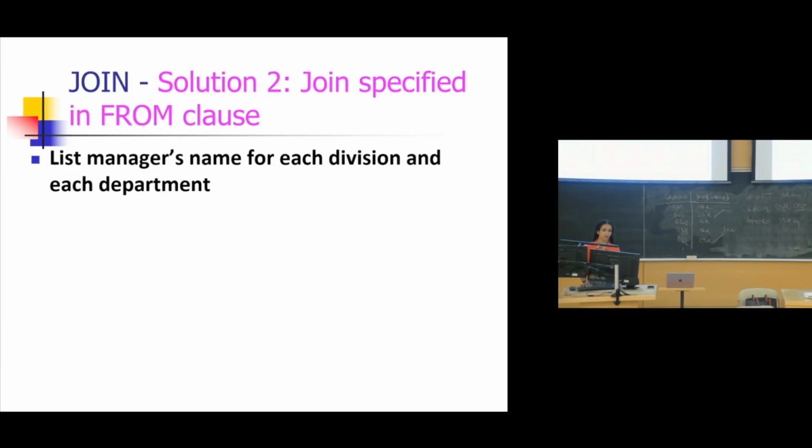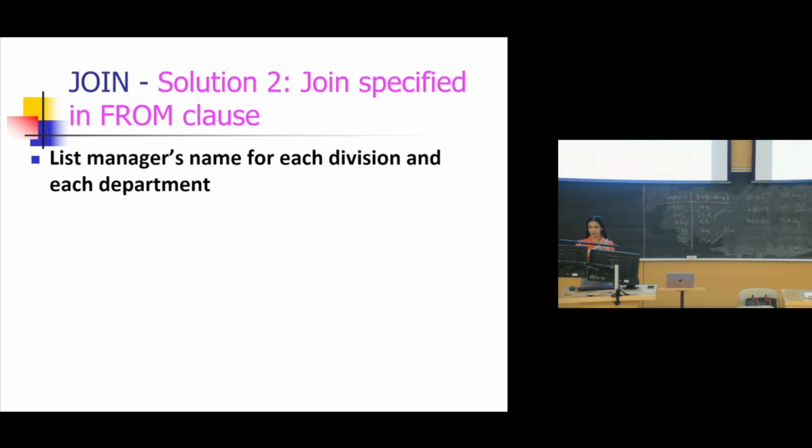Now let's say we want to write joins, not using where, but using the join itself. Okay, so this is another way. For example, we want to find the manager's name for each division and each department. So, what are the columns you want in your select part?